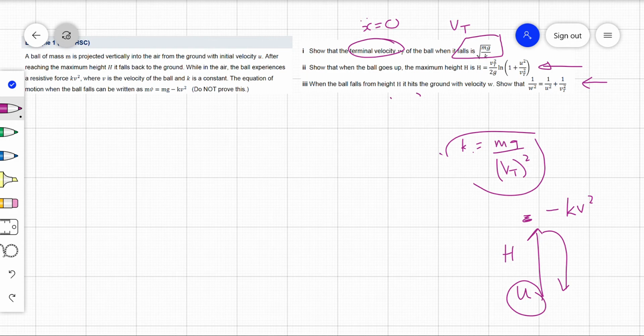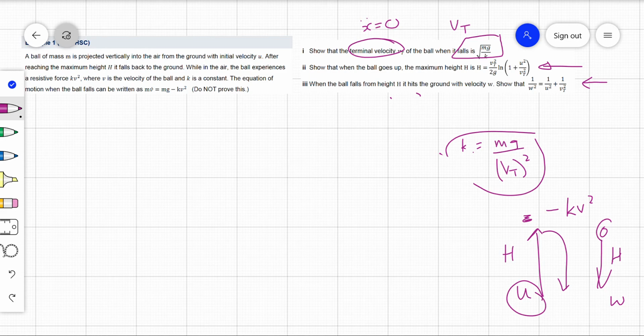So the ball is going down and it hits the ground. It falls from the top height, so velocity is 0 at the top, and it's falling down, and of course it's height h, and it hits the ground with a velocity of w.